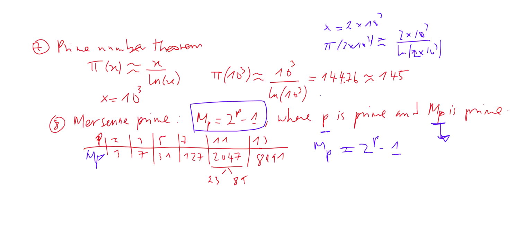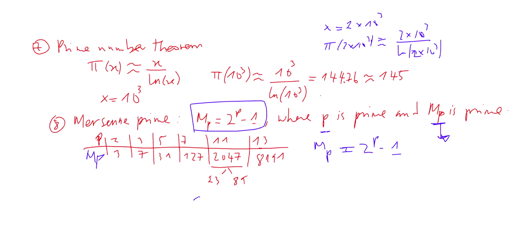It follows the formula. But if we take p equal to 11 in this formula, we will get 2047. And we realize that 2047 is not a prime number, since 2047 is equal to 23 times 89.